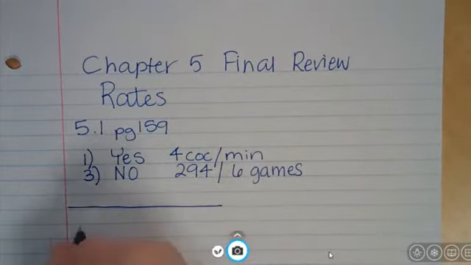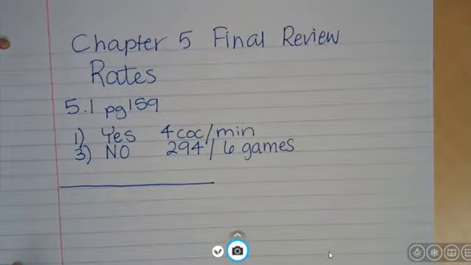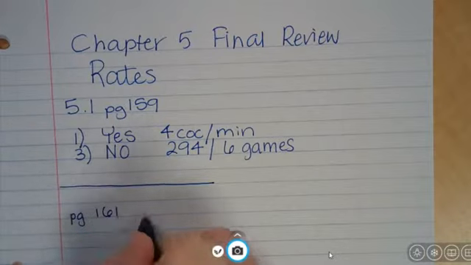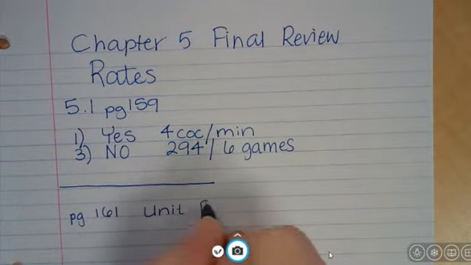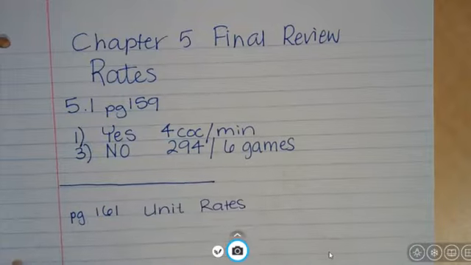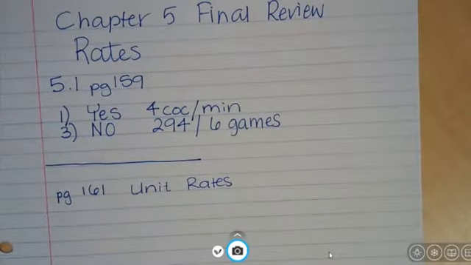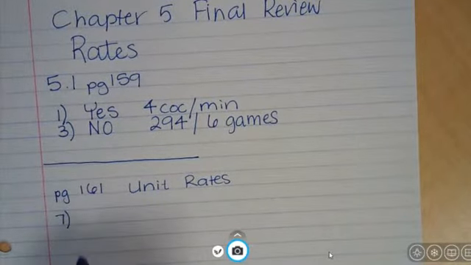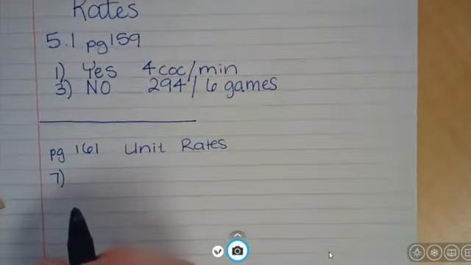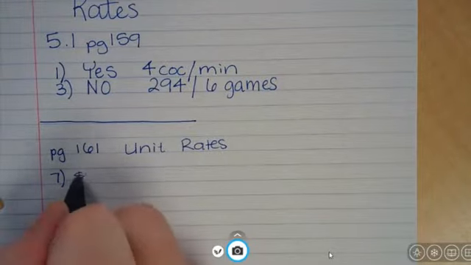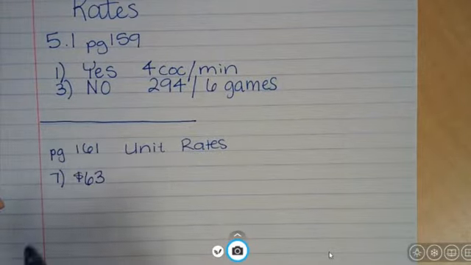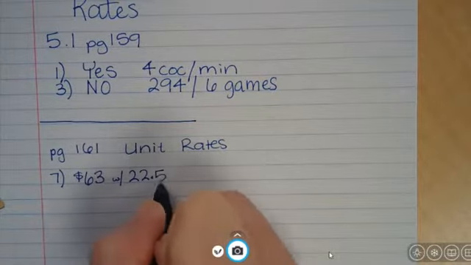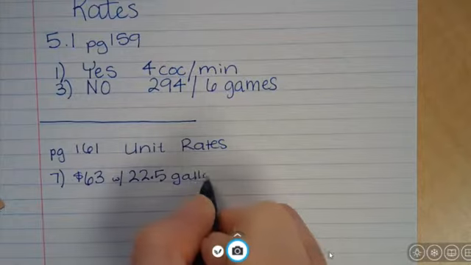The second learn section is to find a unit rate. So this is on page 161. If we look at number 7 for the guided practice, it says the fuel tank in Sally's car was completely empty. She paid $63 to fill the tank with 22.5 gallons of gas.